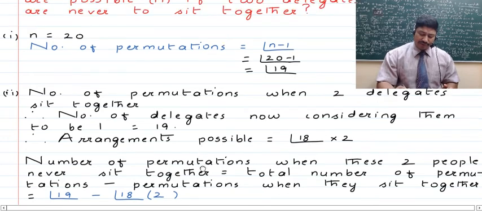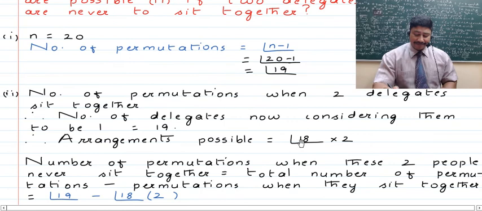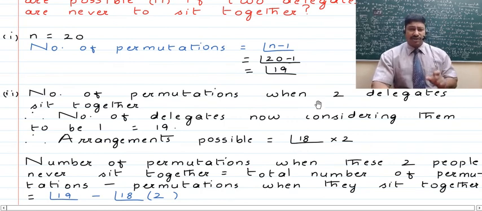If both sit together, they form a single arrangement. You can consider that both are sitting on a single bench, or a sofa with two seats. As such, they become a single entity. So the total number of entities now becomes 19, as two have formed just one, and the number of arrangements possible will be factorial 18.